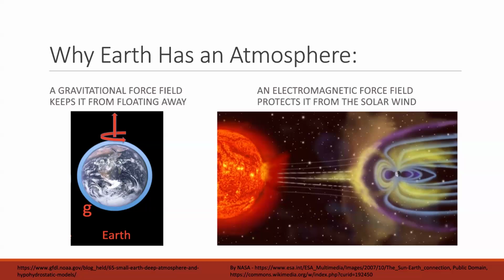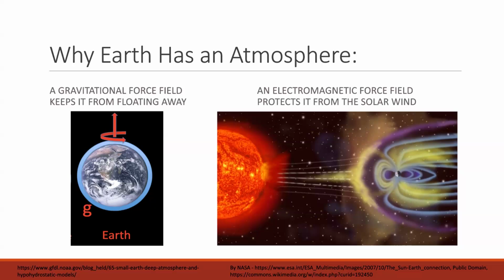It has electrically charged particles in it, and as they flow in that liquid, kind of like lava bubbles up in a lava lamp, they generate this electromagnetic force field. All right, and it's strong enough that it is able to protect the atmosphere from the solar wind.